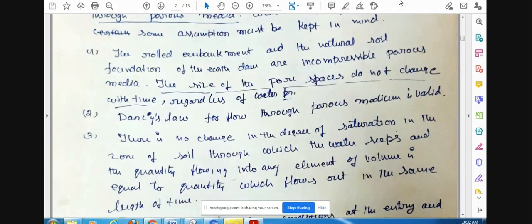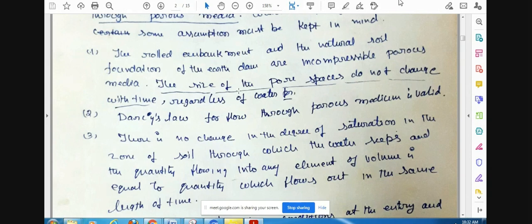And the second assumption is that Darcy's law for flow through the porous medium is valid, right? The seepage moving from upstream to the downstream side is based on Darcy's law. That is the second assumption. Okay, you know what is Darcy's law? The quantity of flow taking place through any porous media is proportional to the size of the diameter of the gap, and proportional to the pressure, and inversely proportional to the length.